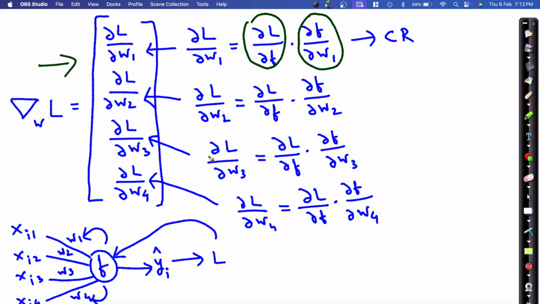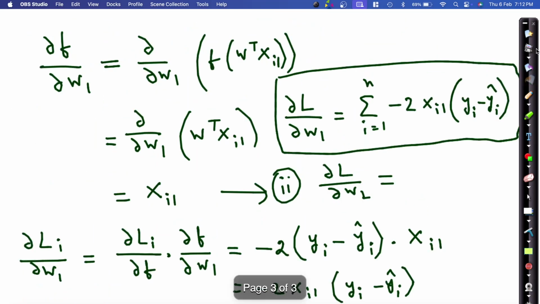Actually, we can use it to update our weights, right? Remember from the last lecture, there you had a step called W update. Let's say I'll write it like this: W1 new equals W1 old minus eta times, what was the factor here?